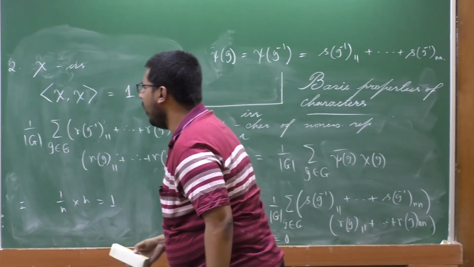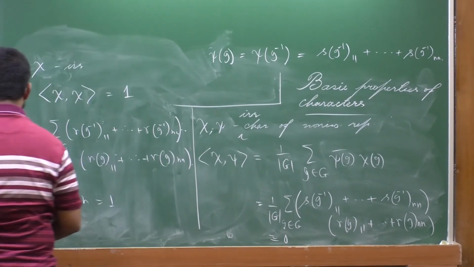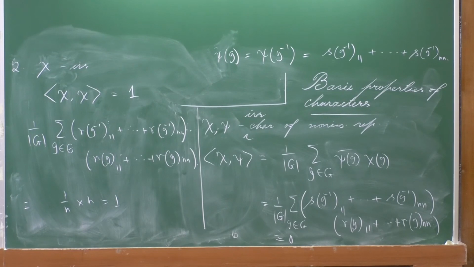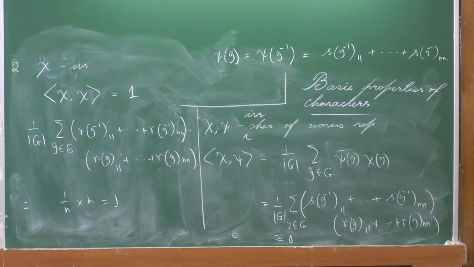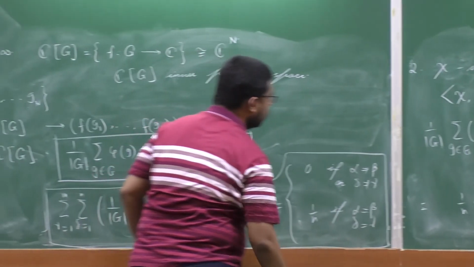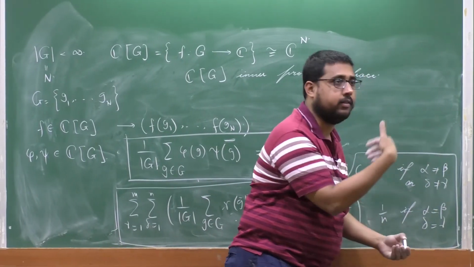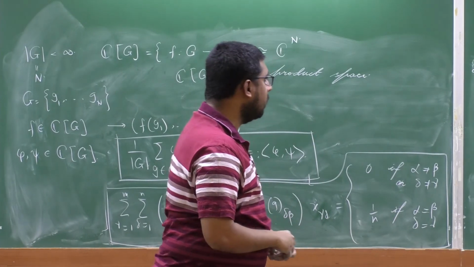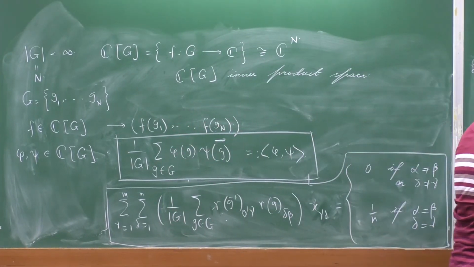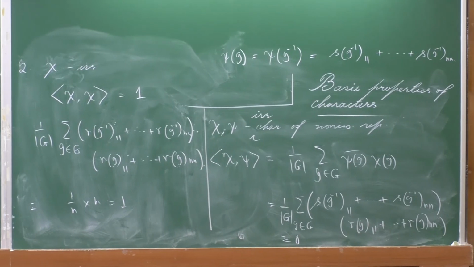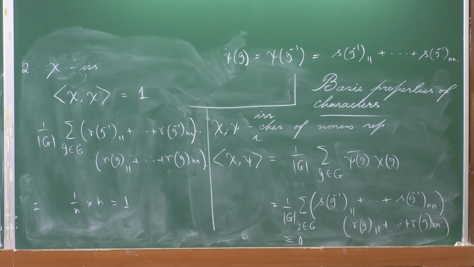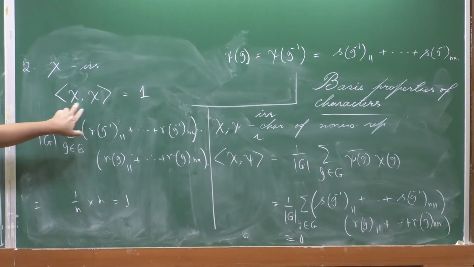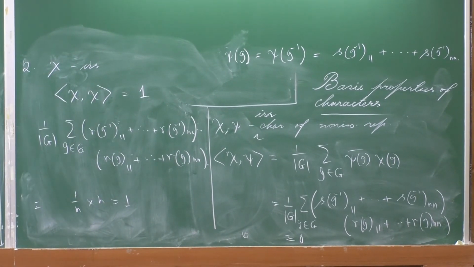Well, right now I think one more thing I should say, that two characters are the same if and only if the representations are isomorphic. So, this is what we obtained: if we take two non-isomorphic irreducible characters, they are going to be orthogonal, and the norm of any irreducible character is 1. Anyway, so with that I will finish.